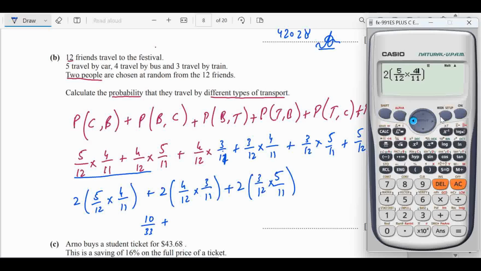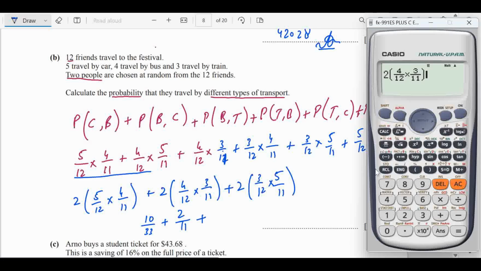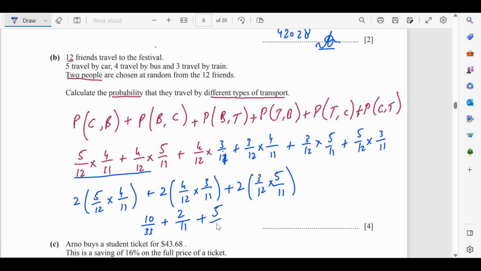This will be 2 into 4 by 12 and 3 by 11. So this will be 2 by 11, plus, let's see the other one. This will be 3 by 12 and 5 by 11, the last one. So 5 by 22.